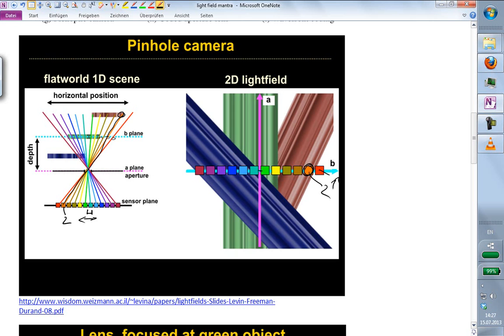And because the aperture also has a finite extent, we also have some spread of our sensing elements in this vertical direction here in the light field sketch. So each sensing element integrates the light field over one of the boxes that's shown on the right-hand side. And the boxes cannot be made infinitely small.